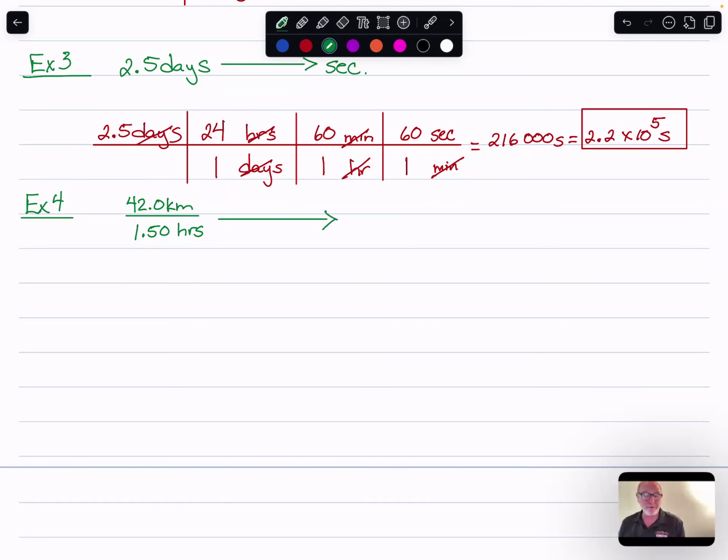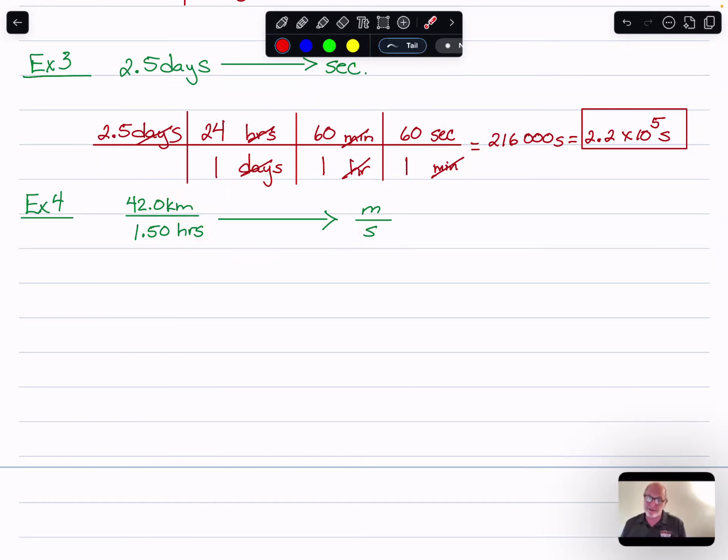How fast is that cyclist going in meters per second? So in this case, we have two different problems we have to do. We're going to convert from kilometers to meters, and then we're going to convert from hours to seconds.